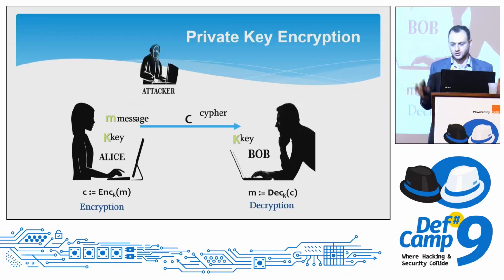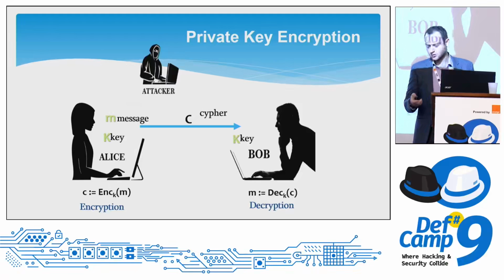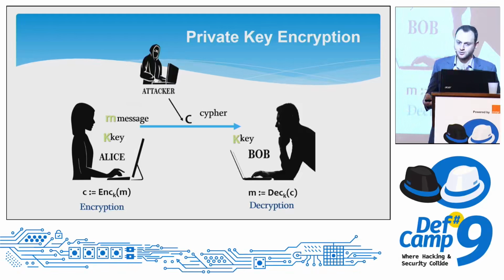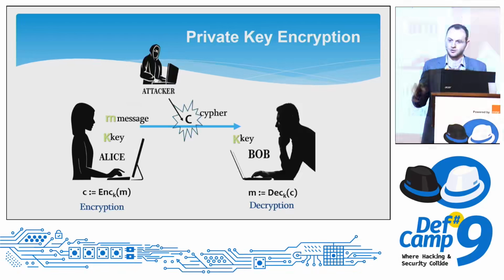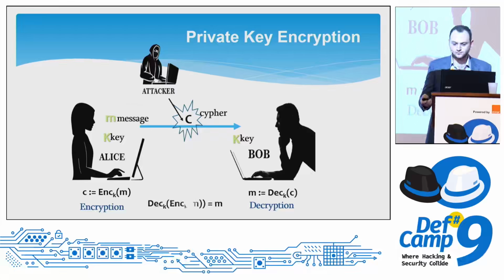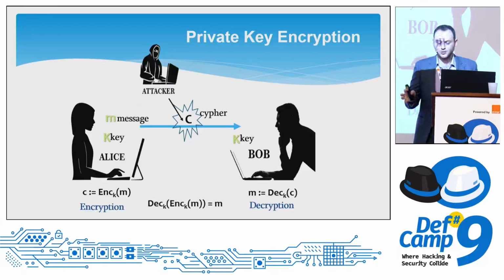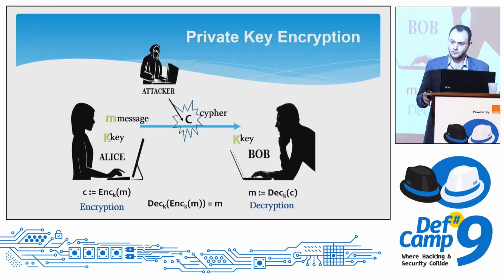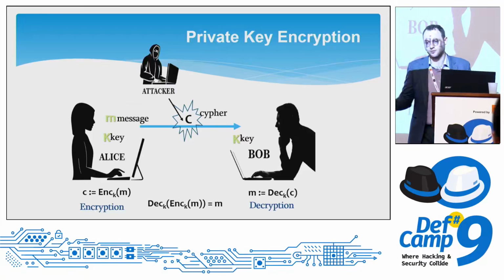Bob uses his decryption algorithm and the key he has, and he gets the message. Here, as always, we have an attacker who is eavesdropping on the message and wants to get it. So here is the scheme, and the only obligatory thing is that when we decrypt the cipher, we have to get our message back.